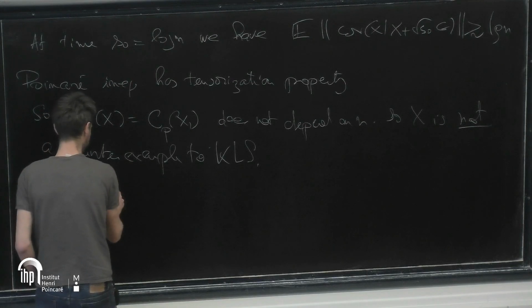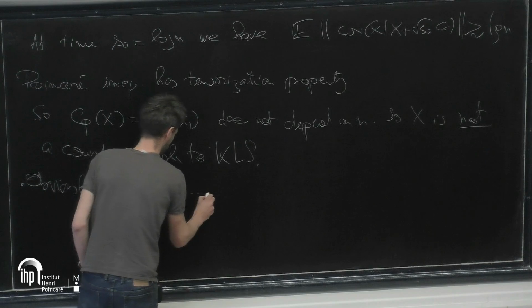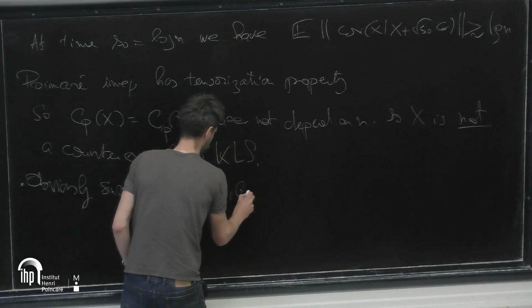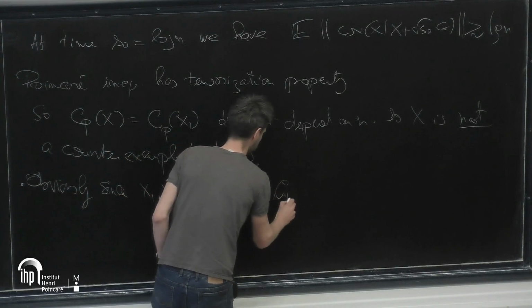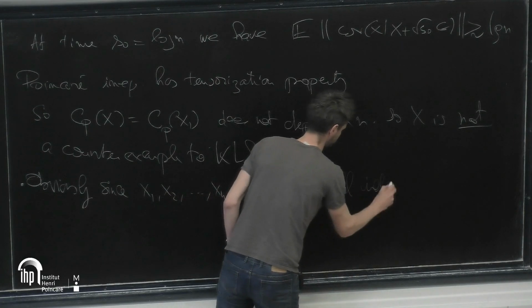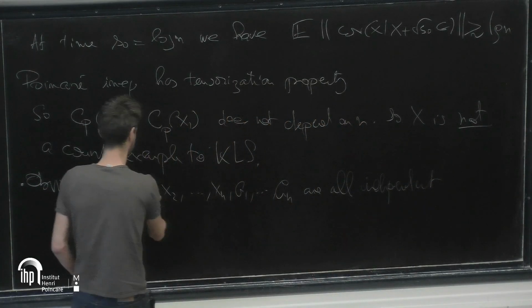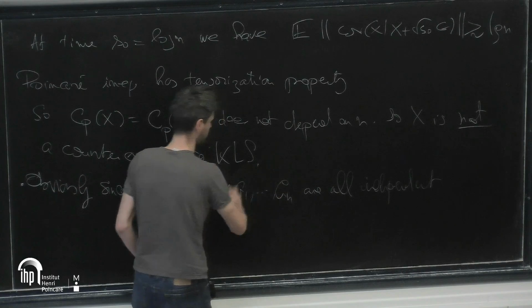Since everyone is independent, x1, x2, ..., g1, ..., gn are all independent. And the first n have the same law, and also the second n.